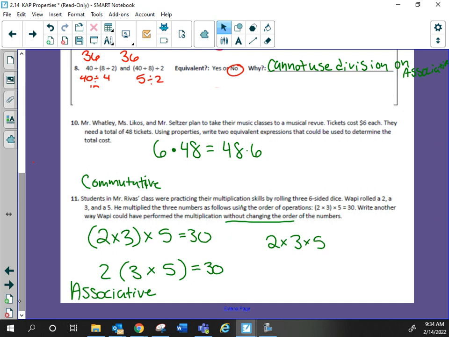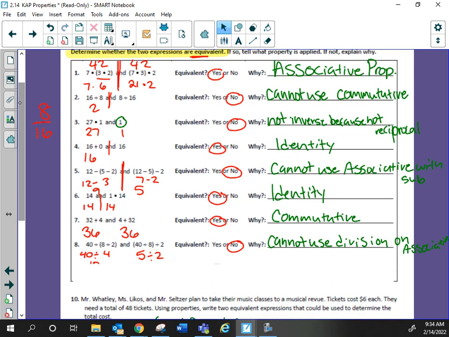And then 11, pretty similarly, they just changed the grouping, and it said to not change the order. Any questions? Okay. Number 3, they said no, because if you actually solve it out, when in doubt, solve it out. 27 times 1 is 27, that is not equal to 1.